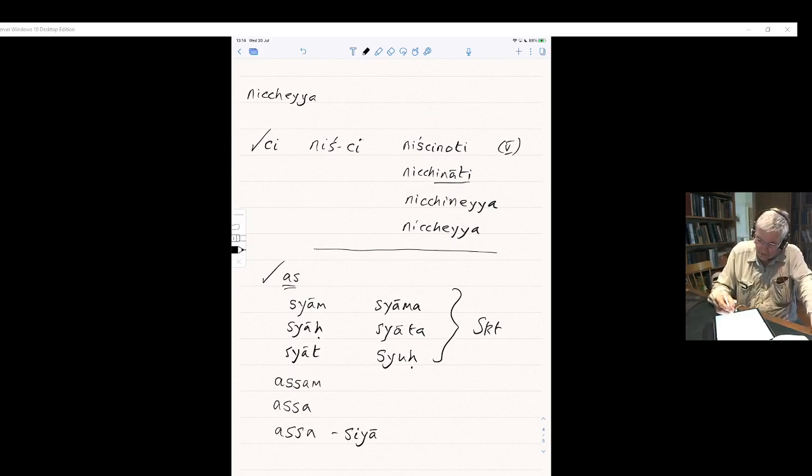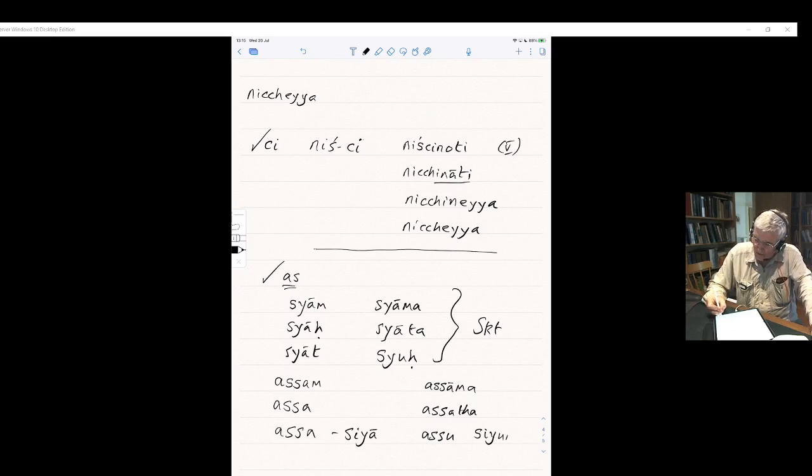And for the plural, the Sanskrit is syama, and in Pali we have more regularly assama. Syata is assata, and for the third person plural you can have assu, or, more closely reflecting the Sanskrit, siyum.